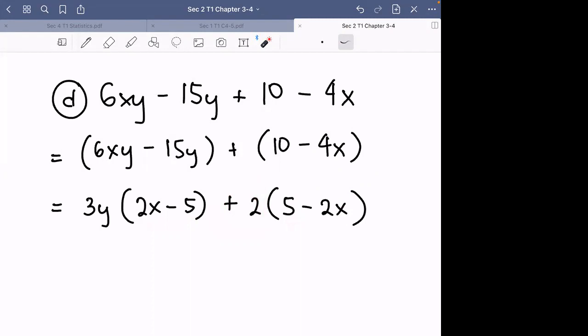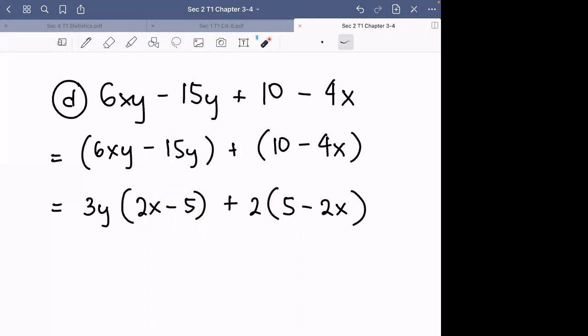All right, so again, 2x minus 5 is different from 5 minus 2x, right? Because this is positive 2x and this is a negative 2x. That means it's not common. They're different. And this is -5 and this is +5. So it's not common, right?